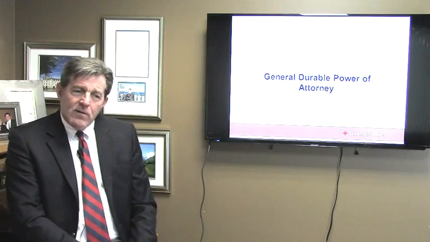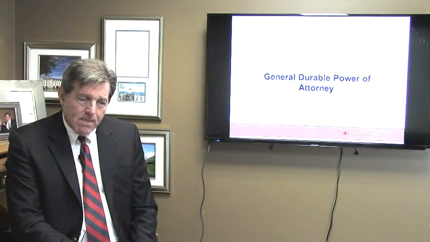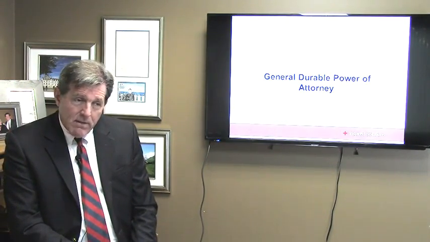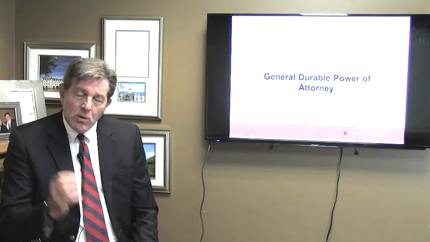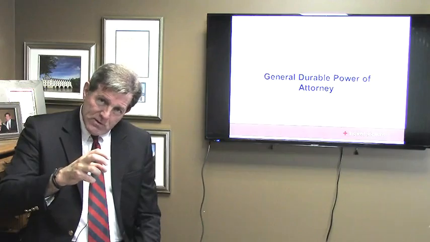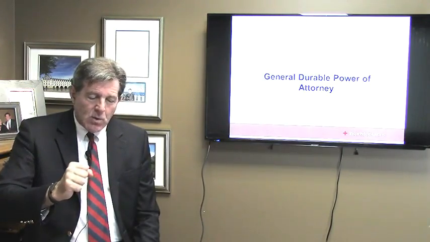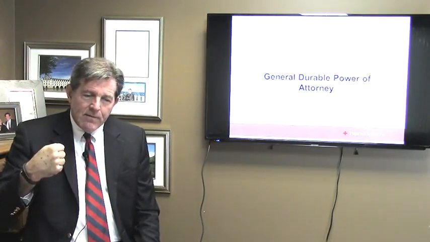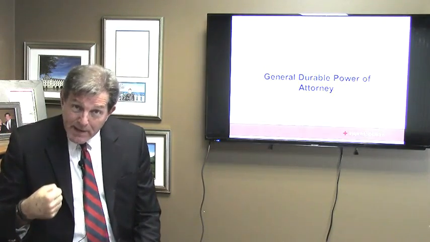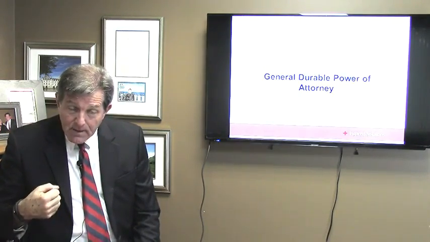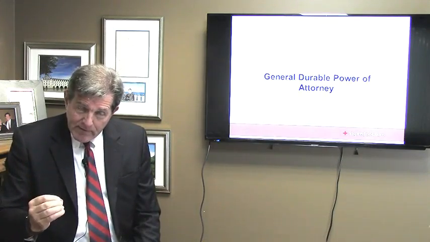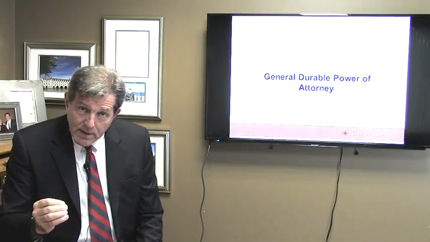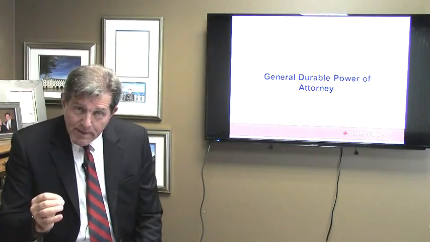But we have clients that have things like IRA accounts, 401k accounts, 403(b) accounts, certain kinds of annuities where we can't, for tax reasons, transfer the asset into the trust. And so that means that if that client becomes incapacitated, we have to have a legal tool to manage that asset during the period of time the client is incapacitated.